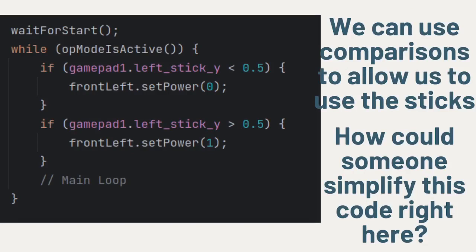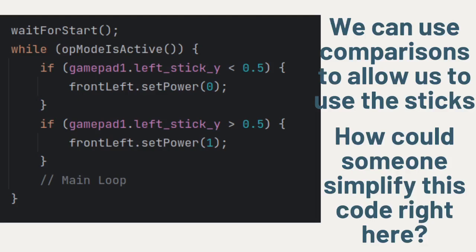Another thing we can do is use comparisons to allow us to use the stick. As you might know, a stick doesn't have just an on or an off, so that can't be a Boolean, because Booleans are only true and false. Instead, a stick has a range of values. So we need to use a comparison to convert it into a Boolean, and that will let us use it. You can't just say if gamepad1.leftStickY.